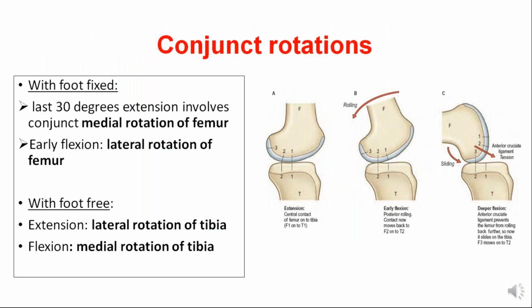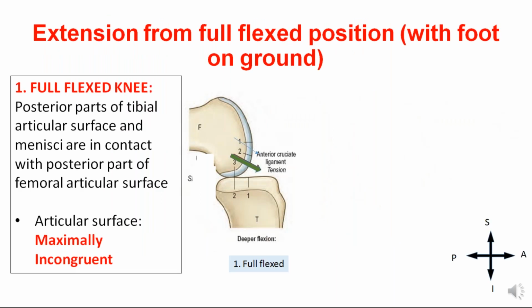Now let's learn the mechanism of flexion and extension. We'll start with extension from a fully flexed position with the foot on the ground. For example, right now, if you are sitting on a chair, your knee joint is flexed. Now fully flex your knee joint, and then start standing up.